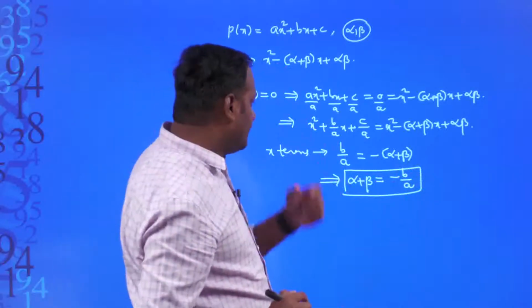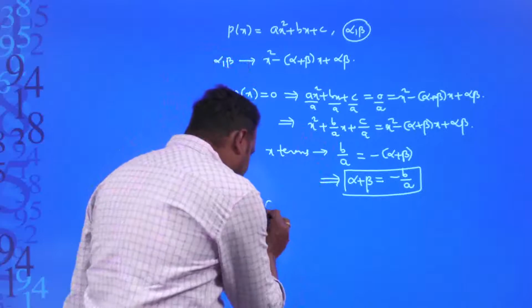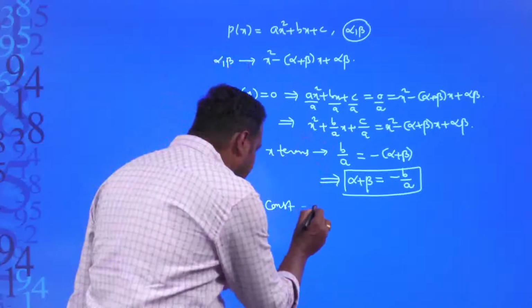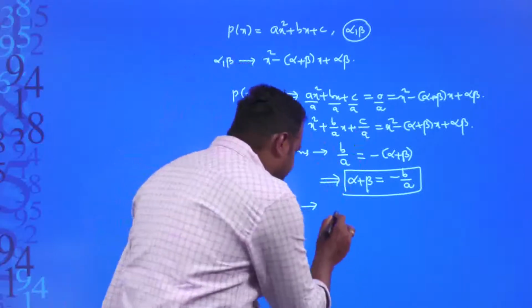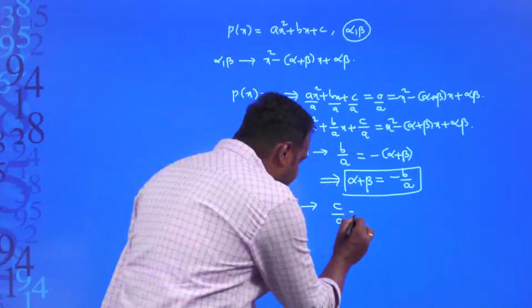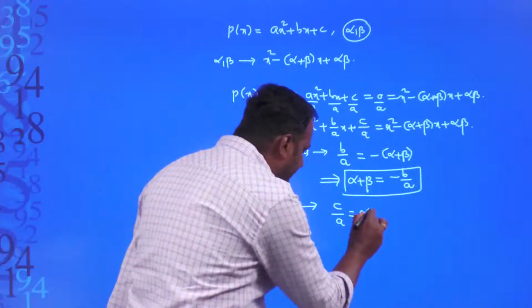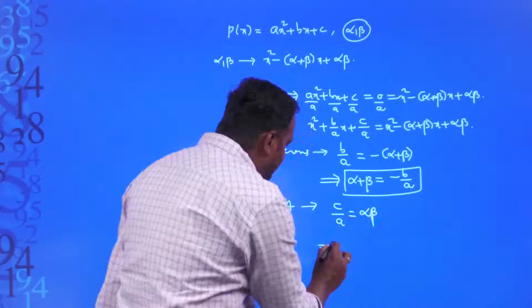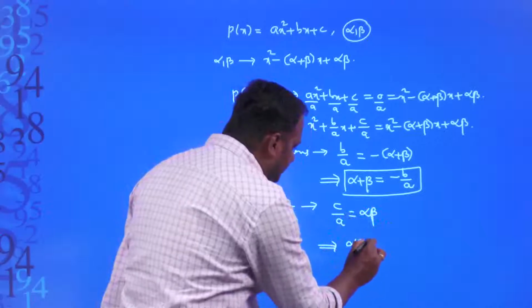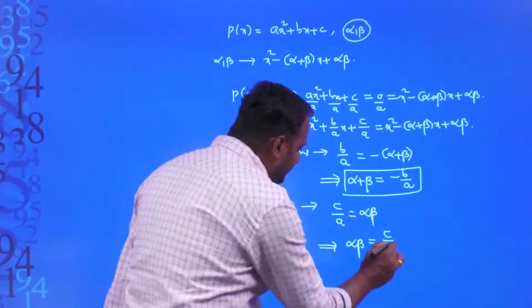Okay. Now going to compare constants. So here the constant is c divided by a, there the constant is alpha into beta. So what does this mean? The product of zeros alpha into beta is going to be c divided by a.